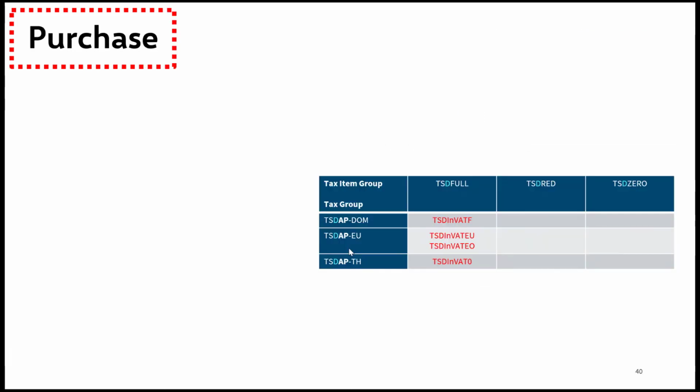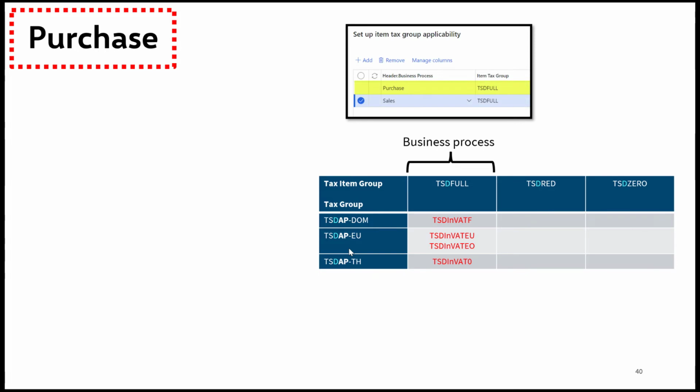Now, if we have a look at the purchase transactions, then things get a bit more complex. But let's first start with the easy one. So the full item tax group is applied to purchases and sales in my example, to all transactions. That's easy. But when it comes to separating domestic, European Union and non-European purchases, there are a couple of problems. Why is that?